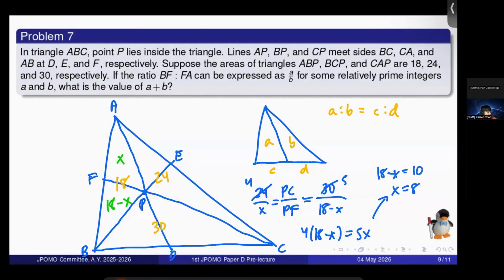Cool. So using this idea again, which is, by the way, due to these two triangles here having the same height, I forgot to mention. What is the ratio of BF is to FA? Make sure that you put the correct number on the numerator.